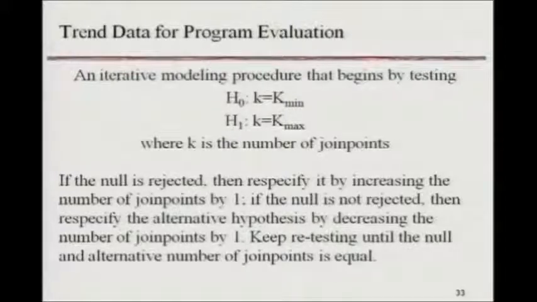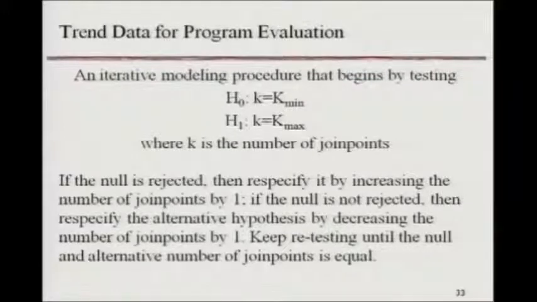But you can tell the program, look for 0, 1, 2, 3, 4, 5, however many. If you ask it to look for 5 join points, you get a message saying, do you really want to look for 5 join points? It's going to take a long time to run. And why would we? What would that tell us? That would sort of just tell us there's no trend, in my opinion, unless you had some reason to think that 5 different things happened over time.